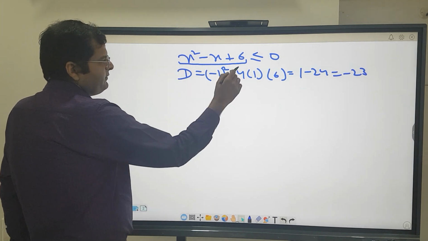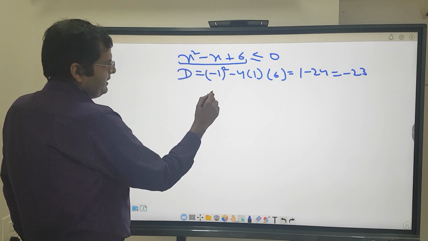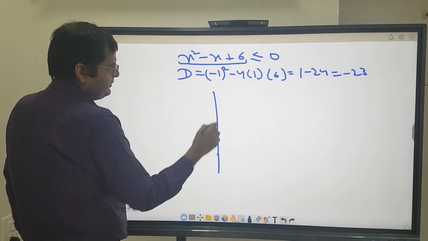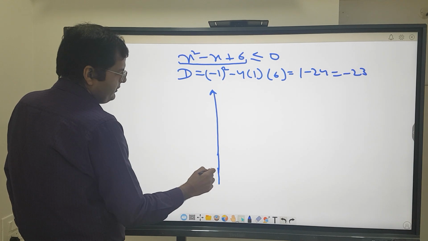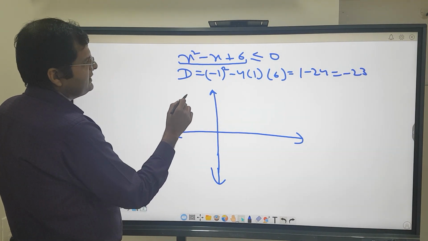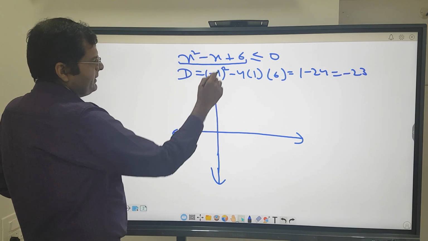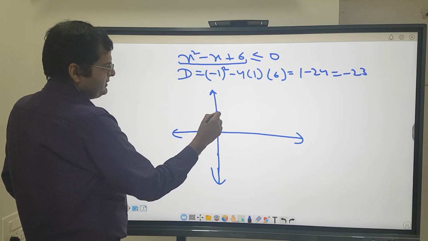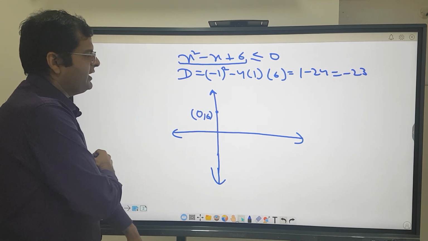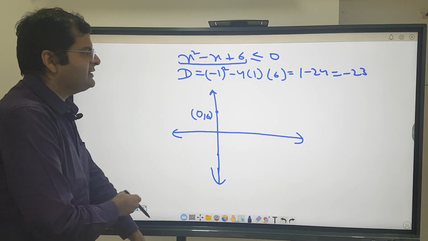What this means is, if I draw the graph of this quadratic, a, the coefficient of x square, is positive. When x is 0, this becomes 6, so the point 0 comma 6 is here somewhere. If I draw the graph of this quadratic, it will never cut the x-axis.